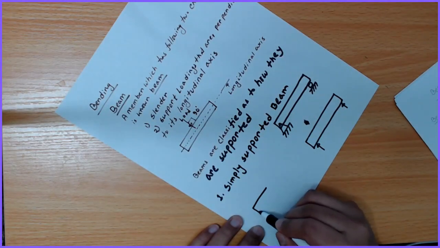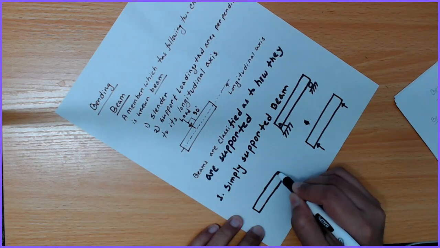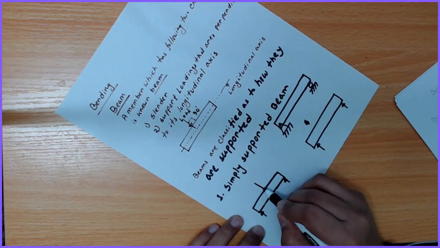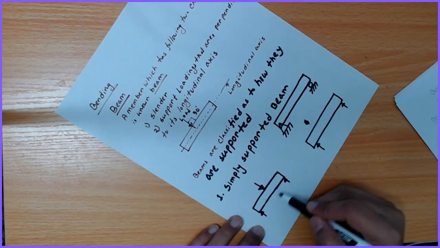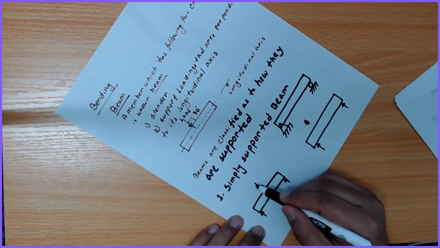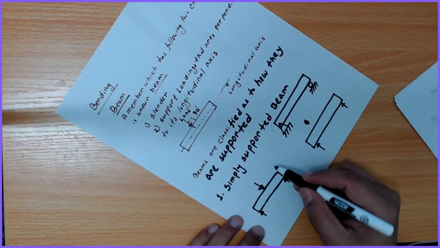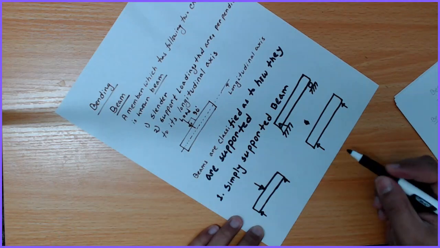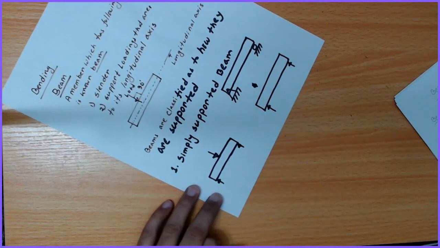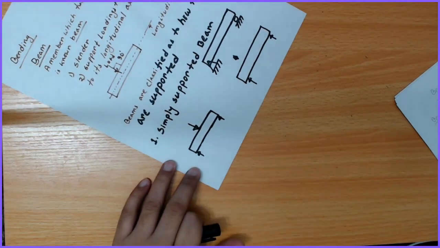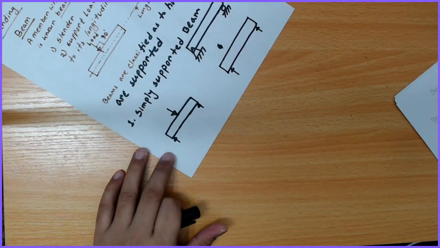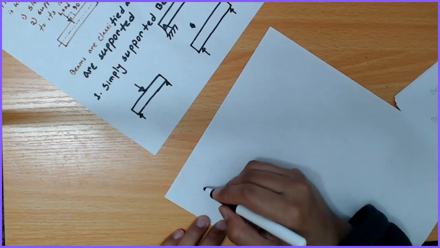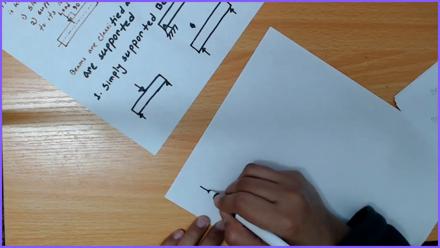Another example is the same thing. We have two supports at the two ends and one load from the top. All these three are simply supported beam. Now go to the next type.